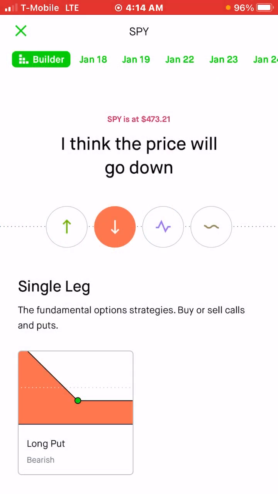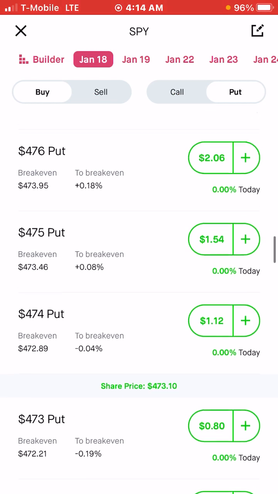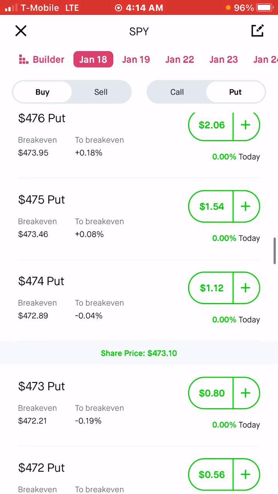Okay, so when the market opens, we'd be watching for a weaker candle, and when it starts getting weaker, that's when you would come in. You won't come in at this point. But let's just say you want to do a put, and I always do in the money.